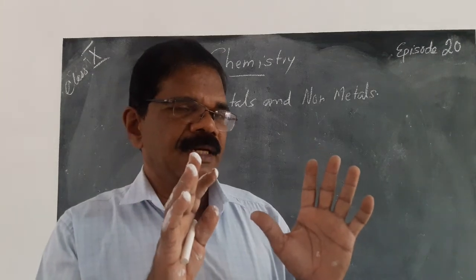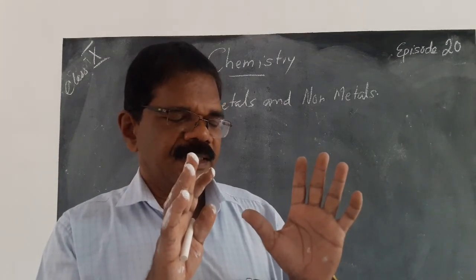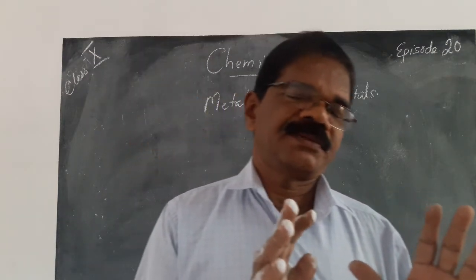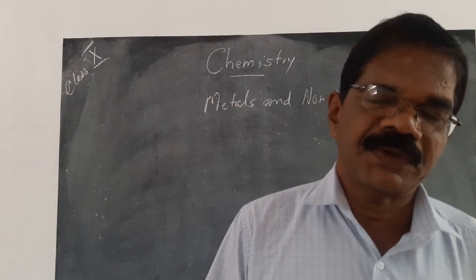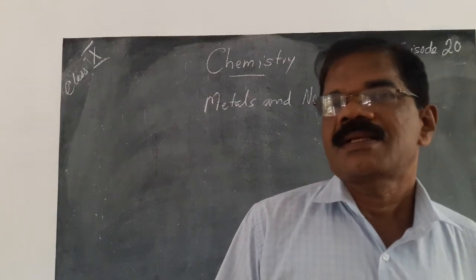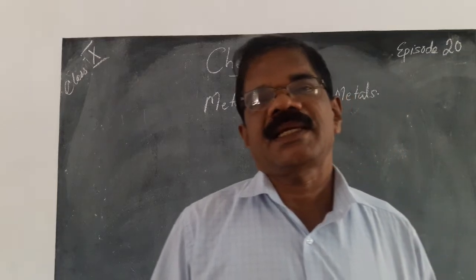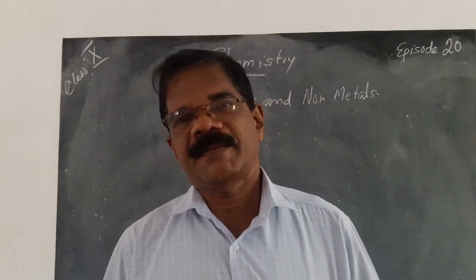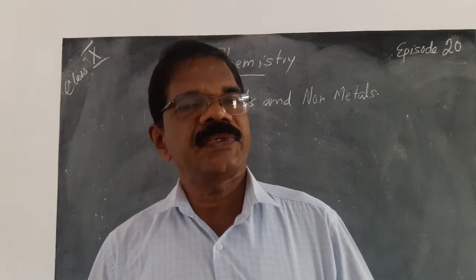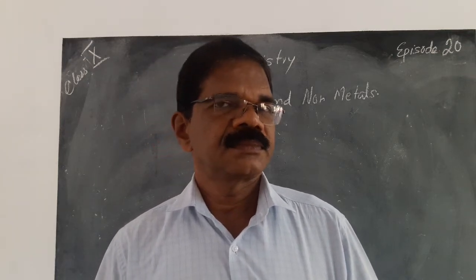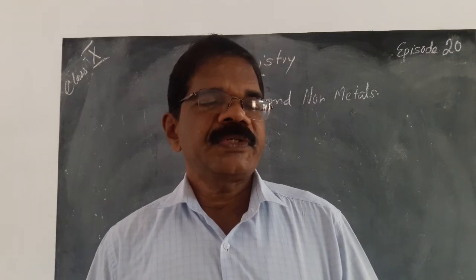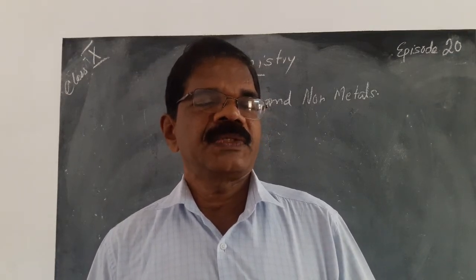In the periodic table, we studied the standard ions. In the previous class also, we have studied about ions. What are ions? We all know that atoms are electrically neutral. Why? Atoms are electrically neutral because the number of protons and the number of electrons are the same.